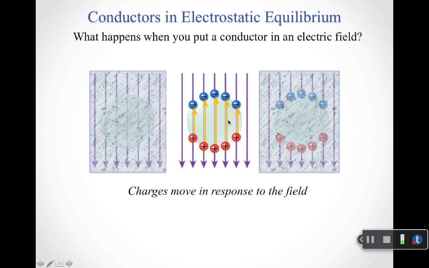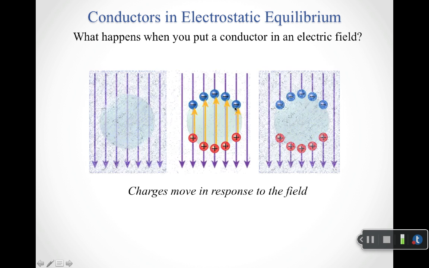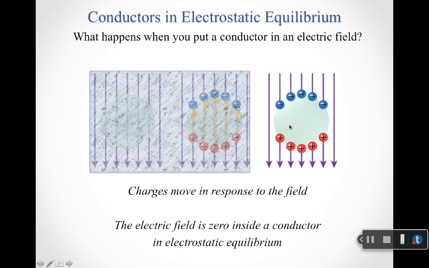So you notice if we go back one, you'll see that there's an electric field. The purple is the external electric field, but the yellow vectors are showing an electric field that's being generated inside the conductor itself. Basically the charges are realigning along the surface of the conductor to generate an electric field, and that electric field just happens to cancel out the external electric field inside the conductor.